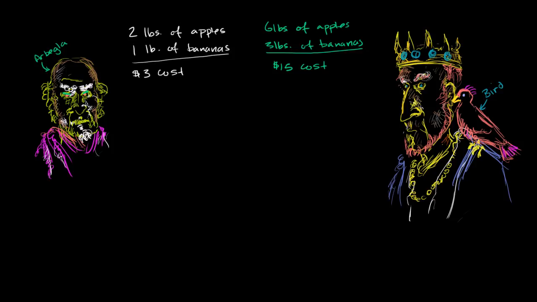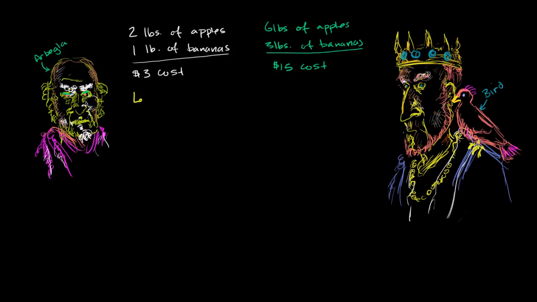So you look at the bird, the bird looks at you. The bird whispers into the king's ear, and the king says, well, the bird says, just start defining some variables here so we can express this thing algebraically. So you go about doing that. What we want to figure out is the cost of apples and the cost of bananas per pound. So we set some variables.